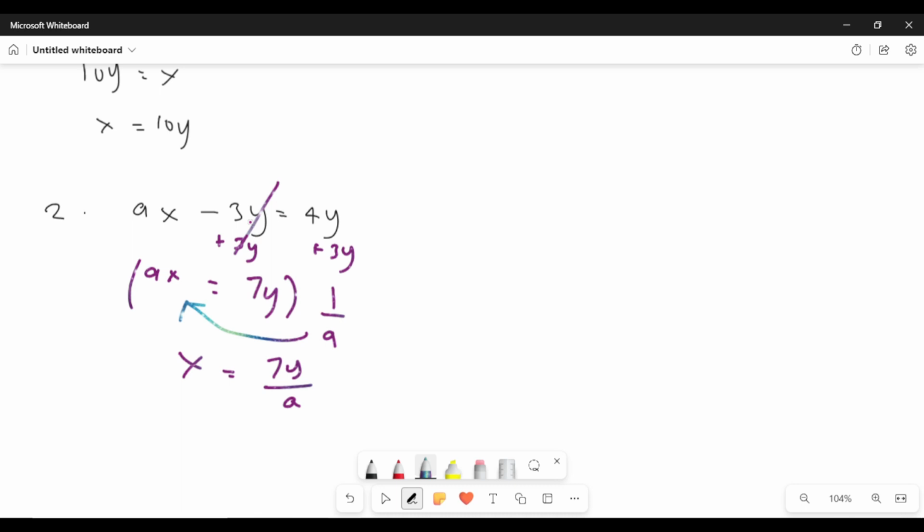Okay, as for solving equations, keep in mind that the equation will remain true and valid only if you perform the operation on both sides.